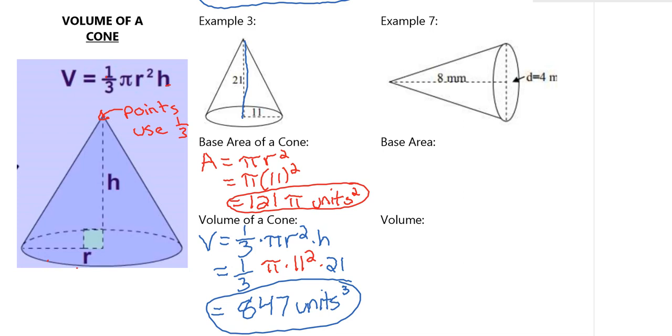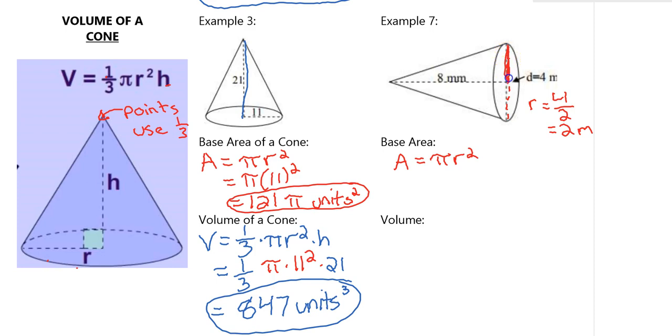Looking at our next example, again, area equals pi r squared. We're going to be careful here because this is our diameter. My diameter equals 4 meters, so my radius is 4 divided by 2, which is 2 meters. Remember, it's always just half of that.